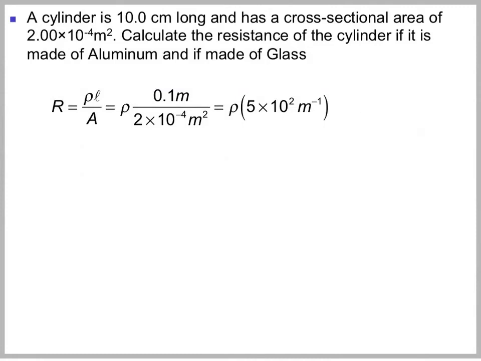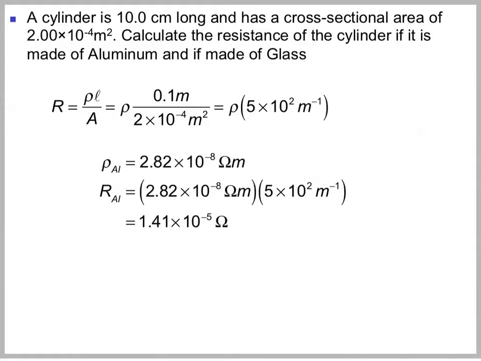Well, we said resistance is rho L over A. It's going to be rho times L, which is 0.1 meters, divided by the area given, and we're going to get 500 times rho inverse meters. So, rho for aluminum, we look up on our table, was 2.82 times 10 to the minus 8 ohm meters. We plug that in, and we get that the resistance of this cylinder is 1.4 times 10 to the minus 5 ohms.